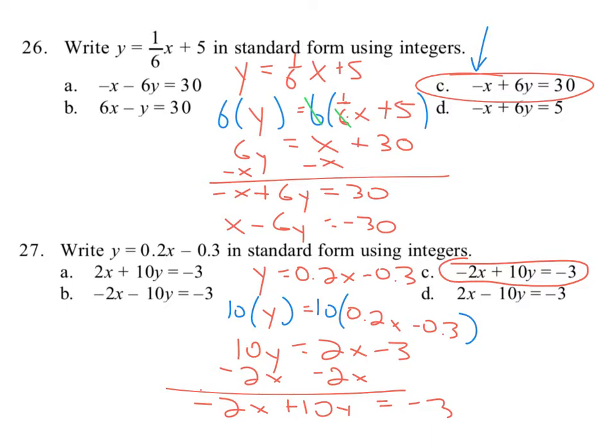Because if they didn't, these two answers are equivalent. The answer that I would like you to have and the answer that they have. So again, I will try and make a note to not have problems where you're confused by that. But if you can't find your answer, just see if they didn't actually divide everything by -1 to keep this leading coefficient of x positive, and see if you can find your answer.